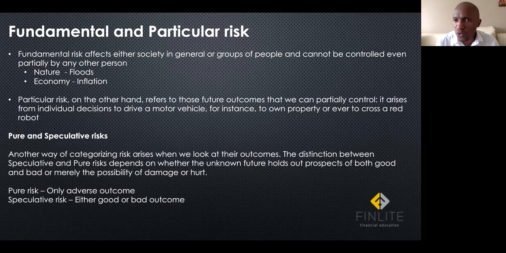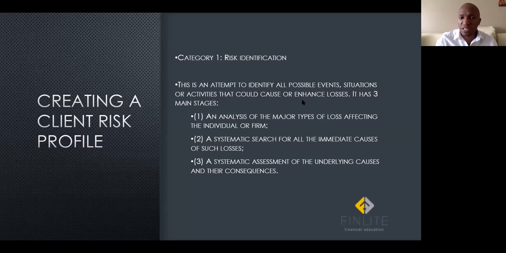For instance, if you trade stocks, buying and selling shares, the shares might go up, they might go down, or you can completely lose your money. That is speculative risk, because there could be some profit made. It's not only adverse, it's either or. So those are the two other concepts you need to understand about risk.